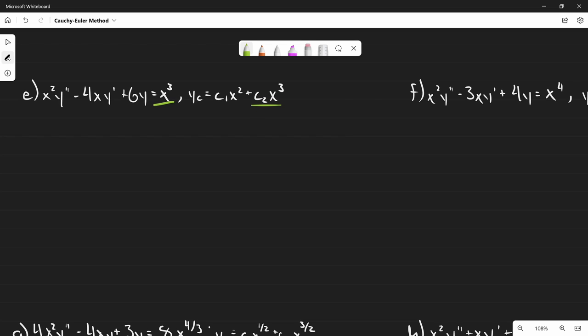So if you recall in the previous video when we discussed non-homogeneous equations without using the Cauchy-Euler method, we multiplied everything by t raised to some power s, where s is the lowest power, and we just carried on from there. But if you remember lecture, we made t be natural log of x. So instead of multiplying by t, we'll be multiplying by natural log of x and raising it to some power s, where s is still the smallest non-negative integer.